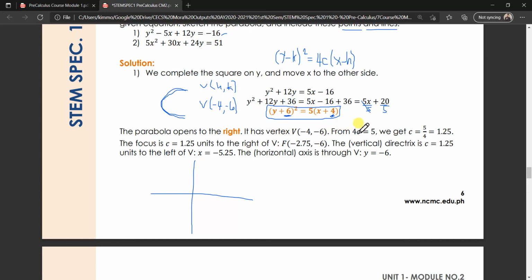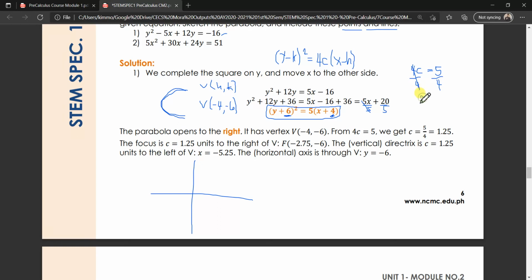And from 4c, it is equal to 5. So we can equate that: 4c is equal to 5. And we divide both sides of our equation by 4 to find the value of our c.